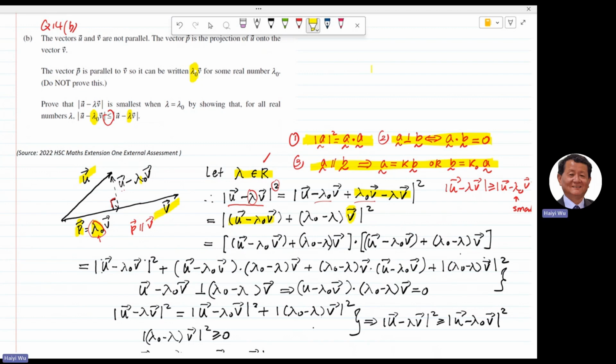That's the first step. Then I'm going to use this formula. I'm going to highlight it again. This is the formula I'm going to use. Because that's the absolute value of two vectors squared, the magnitude squared, I'm going to use the dot product of the two. So I'm going to write the absolute value squared equal to vector A dot vector A. So this is the formula I'm using.